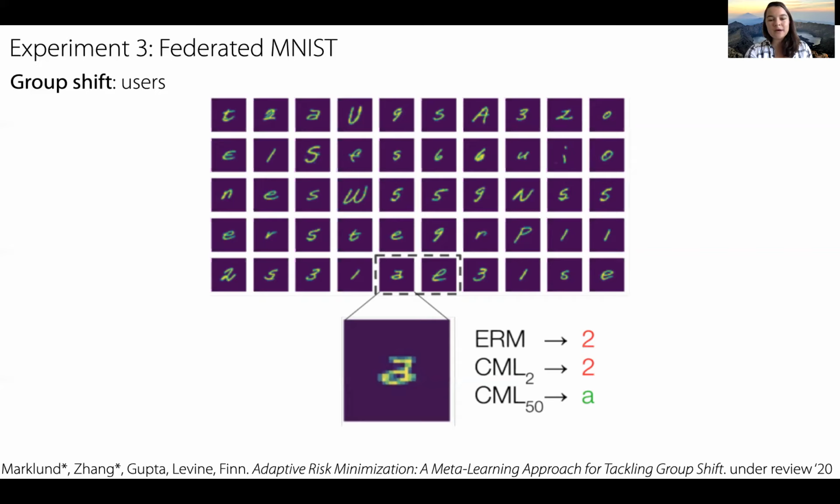And ARM, when only given the two images shown in the black dashed box, also incorrectly classifies it as a 2 because it doesn't have enough information about the distribution that it has to be able to handle at test time.